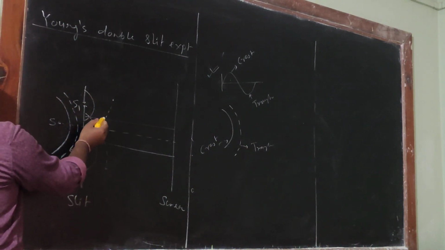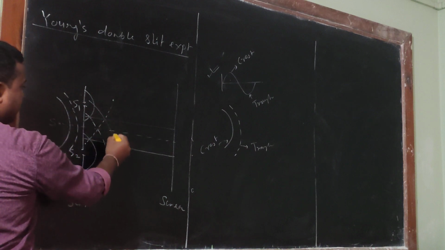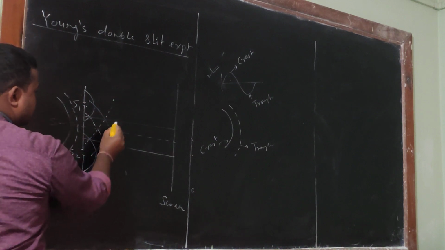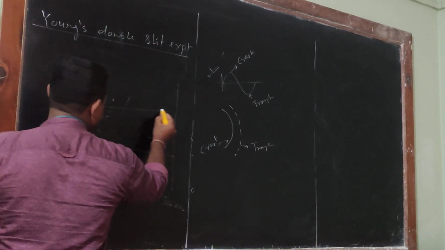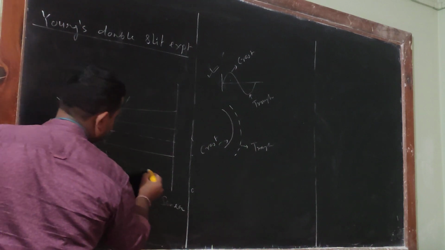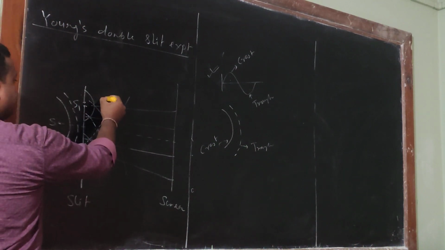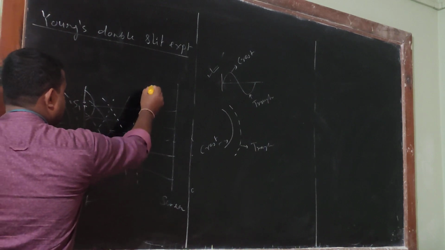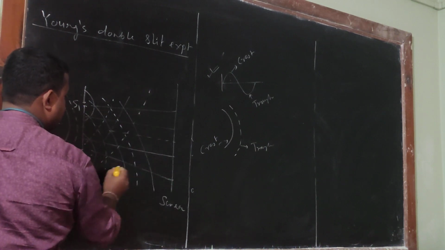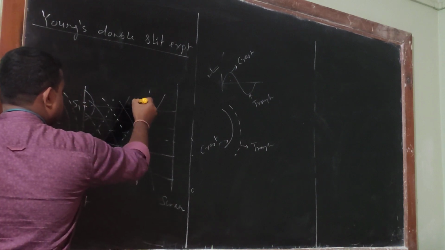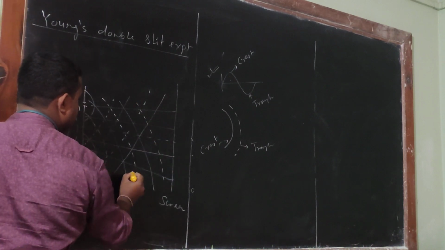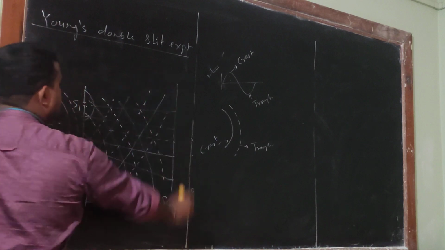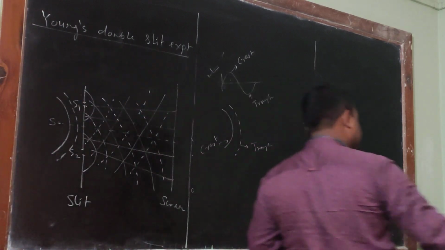Now you see crest, trough, again is crest. This crest is considered a point here. Then again trough, crest, trough, like that.